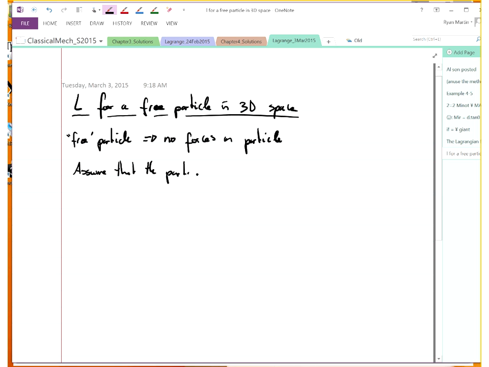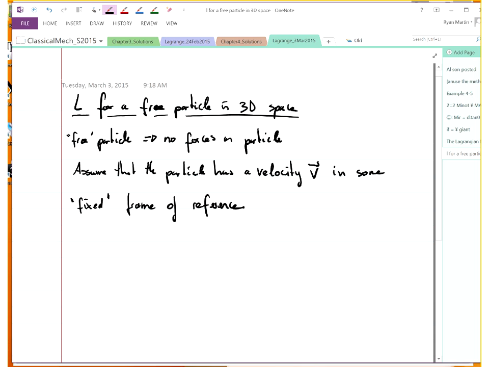So let's assume that the particle has a speed v. Oh, let's be more precise and say it's a velocity in some fixed frame of reference.